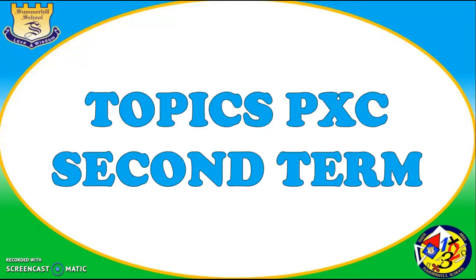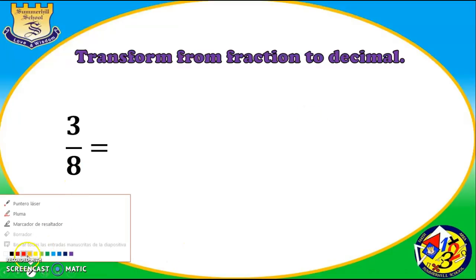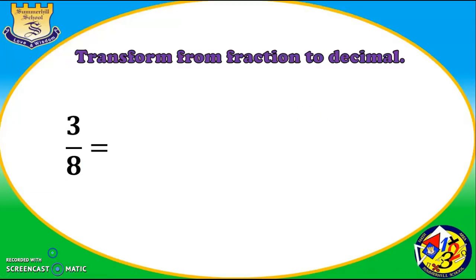That is integers, that is only whole numbers that are positive or negative. The only difference is that in the second term we work with rational numbers that are related with decimals and fractions. Well, so the first thing, guys, is to remember that here we have to transform from fractions to decimal.